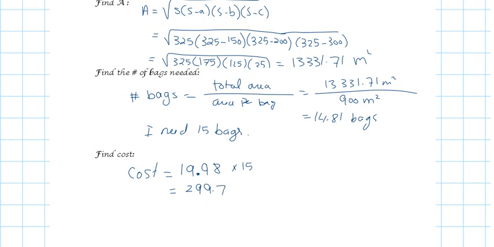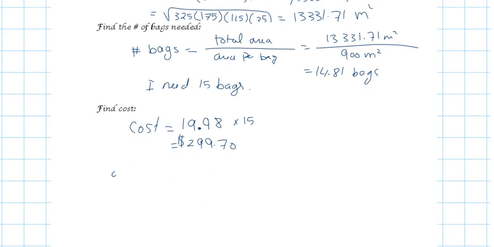So that means now you're going to write your therefore statement. Therefore, it will cost $299.70 to fertilize the lawn.